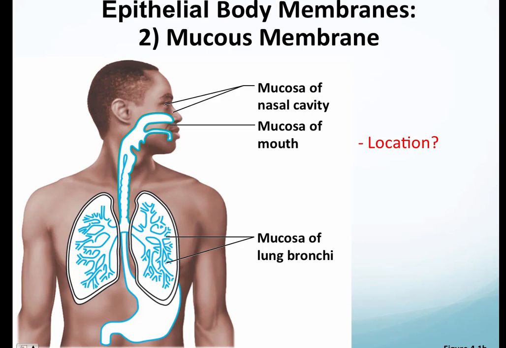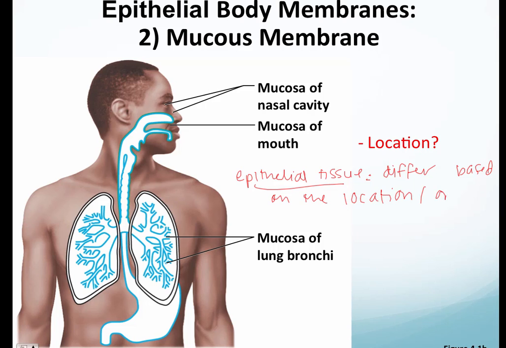Now let's go back really quick to this mucous membrane, because I don't think I went over the different types of epithelial tissue we have. And this epithelial tissue for the mucous membrane is always going to differ based on the location or whatever the organ is.